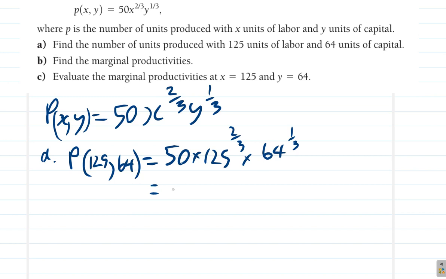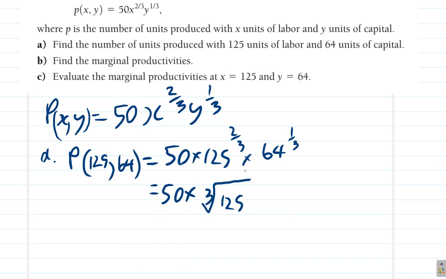Now here, when you raise 125 to the 2/3, the denominator in the fraction means the cube root of the number, and the numerator is the power that you raise the number to.